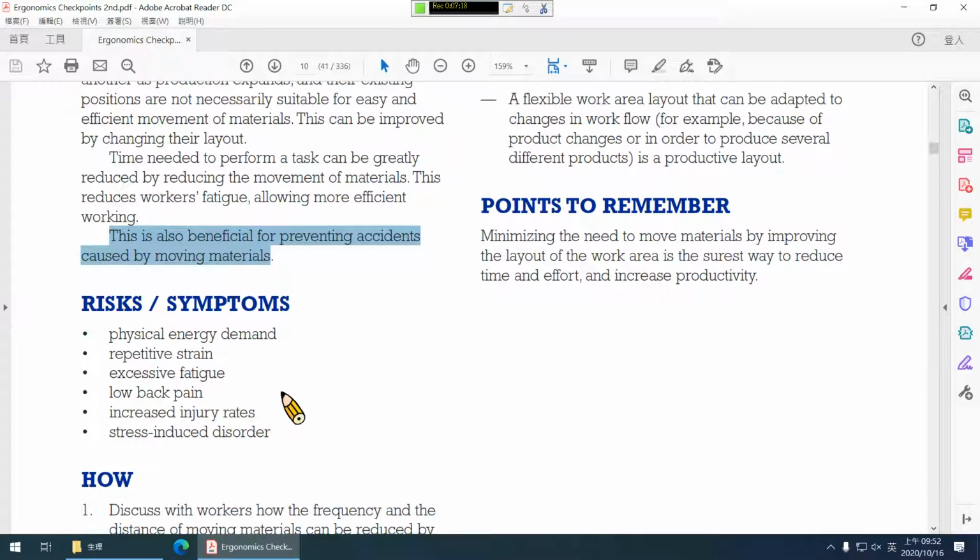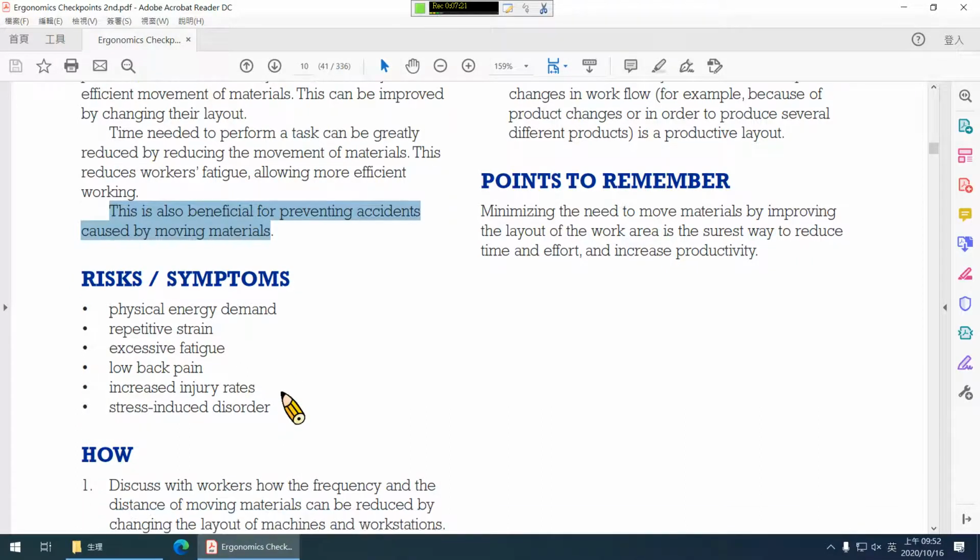And what about the risks and symptoms related to ergonomics? The first one is physical energy demand. If the layout is poor, the physical energy demand may be increased. That makes the operator tired more quickly. And there may be repetitive strain.